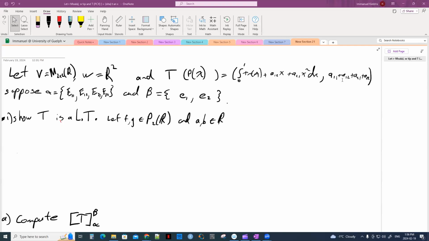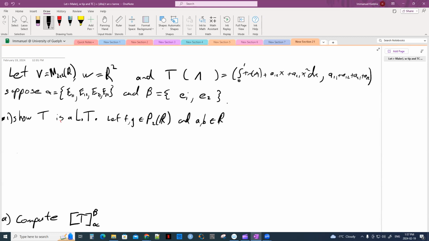So we have our last example, which is really complicated. We're mapping the real 2 by 2 matrices to R2.